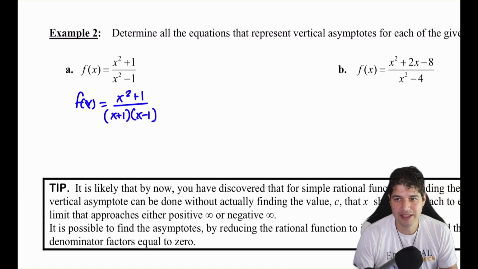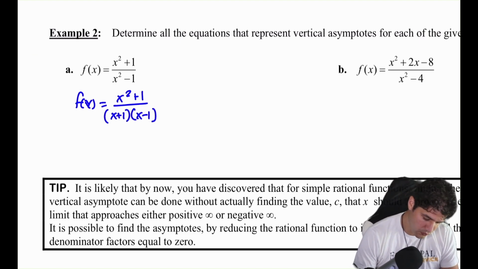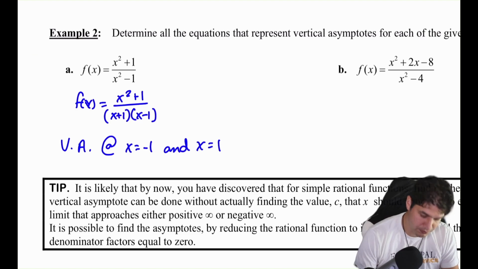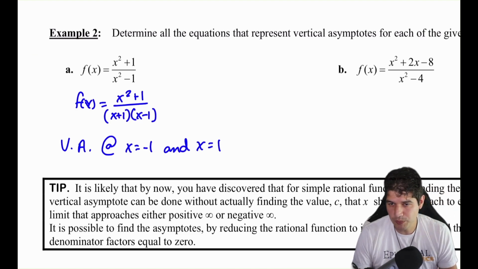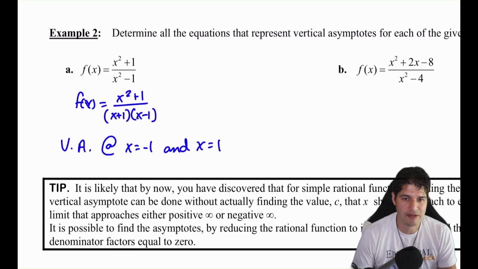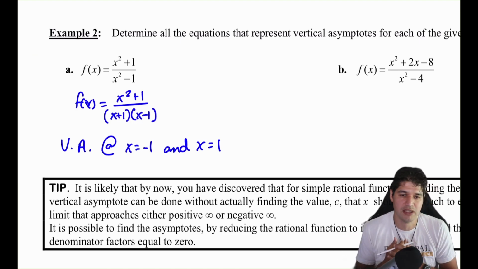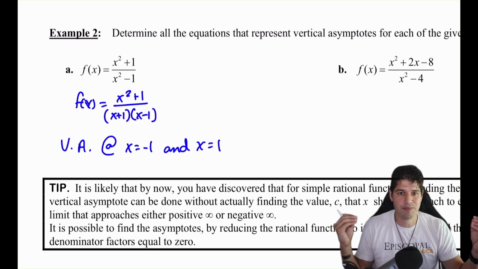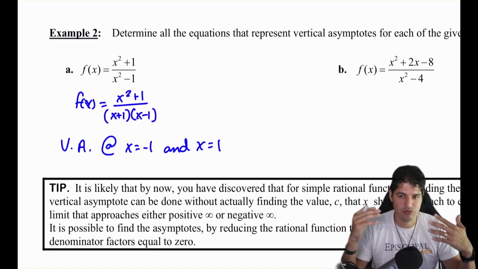Since nothing is dividing out, we know that we have vertical asymptotes at x equals negative 1 and x equals positive 1. Again, igniting your lessons from previous years about vertical asymptotes, see if anything divides out. If nothing divides out, it's wherever your denominator is equal to 0, in this case, negative 1 and positive 1.